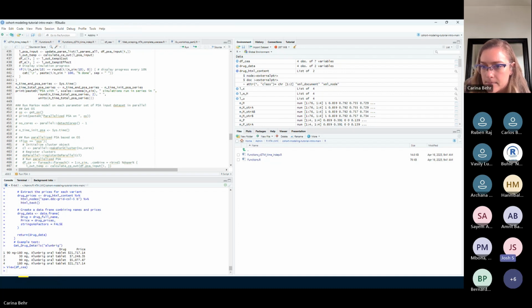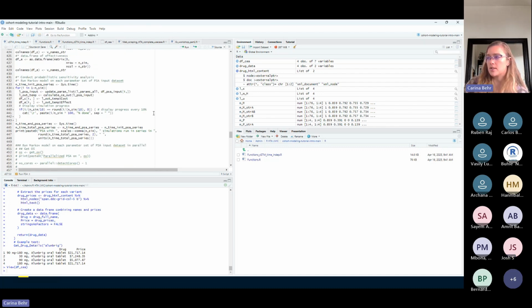You have to make sure that you've installed all those packages before doing that. And the normal PSA should work, as Vasily has pointed out. I wouldn't use the parallel stuff for now, because it's not a very big model, so it's not going to make much of a difference.